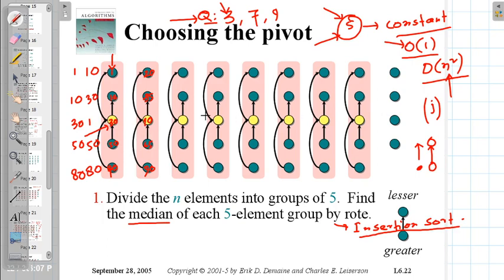Like this we have to have all these elements, and we have to find out the median element of each group. So this will be some number, this may be some number.